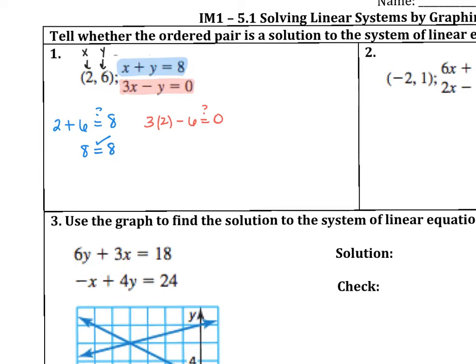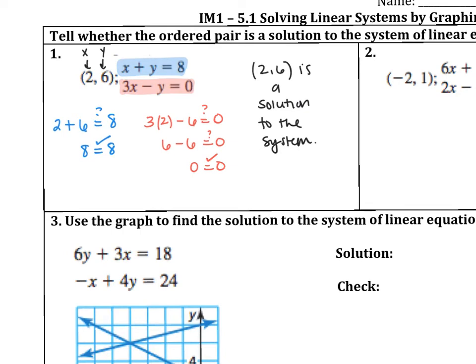Let's simplify. 3 times 2 is 6, minus 6 equals 0. 0 does equal 0. That's true. So I can conclude that (2, 6) is a solution to the system. Nice. And you want to show your work all the way through, just like me.